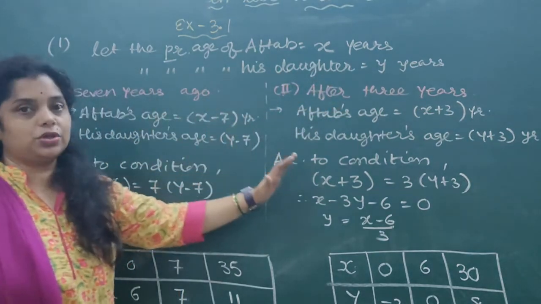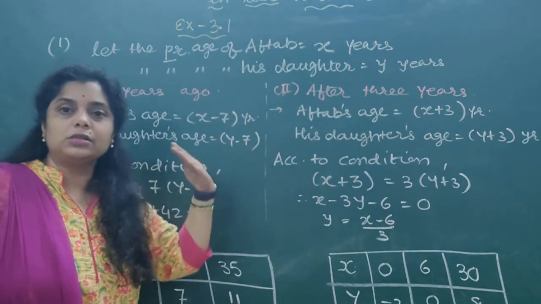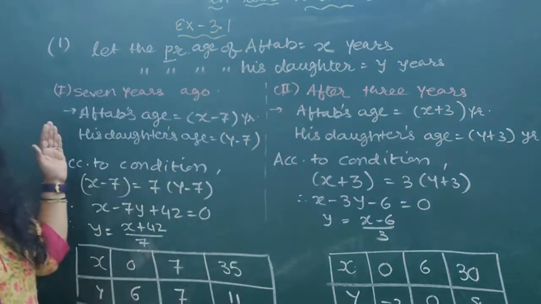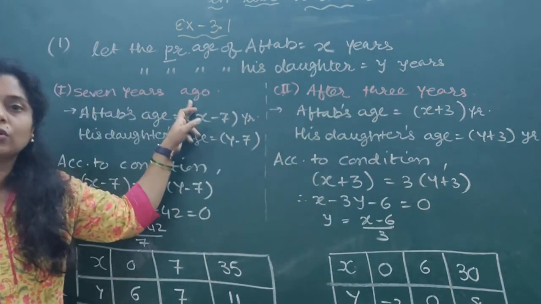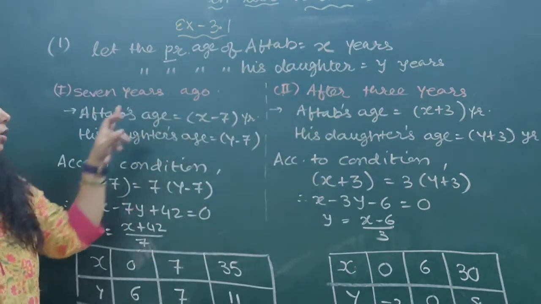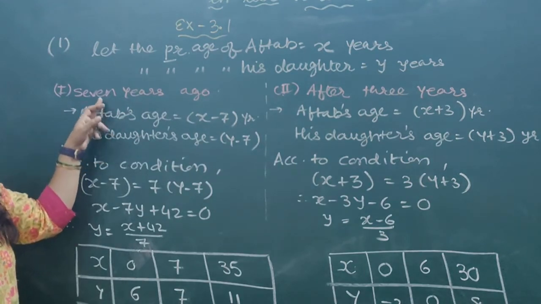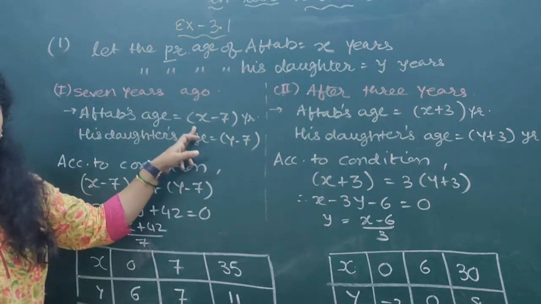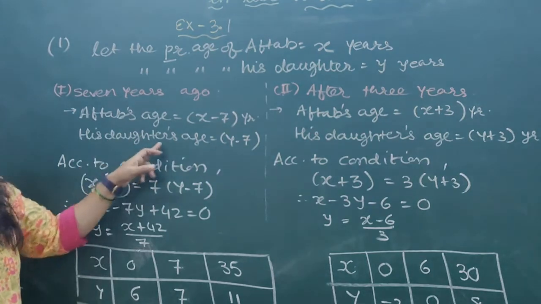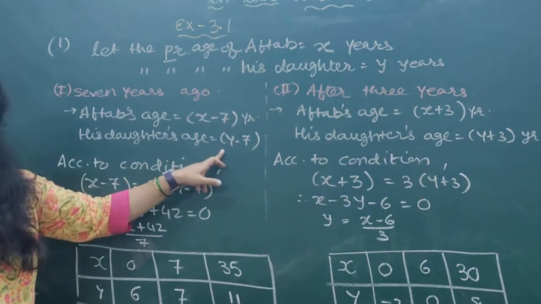So there are two situations: before 7 years and after 3 years. The first situation is regarding 7 years ago, means before.